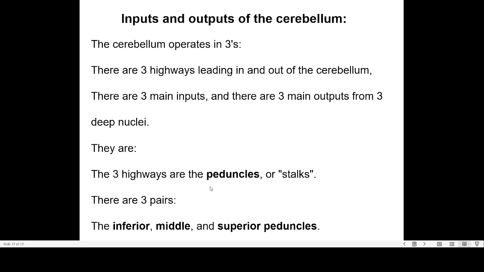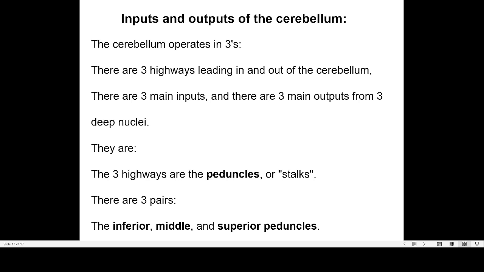The three highways are nothing but peduncles. They connect from the cerebellum to the different parts of the brain, and from the different parts of the brain to the cerebellar portion. In the form of groups of fibers, you can take it as a highway. They are the inferior, middle and superior peduncles.